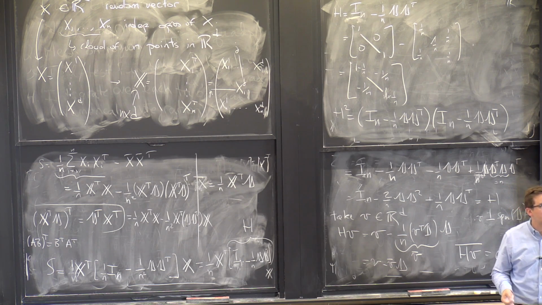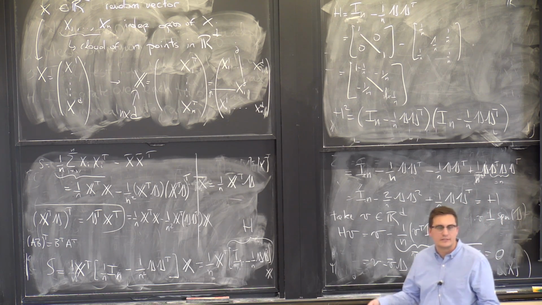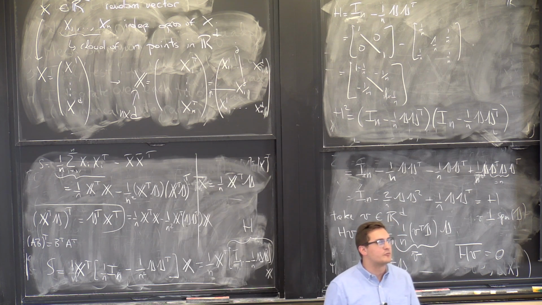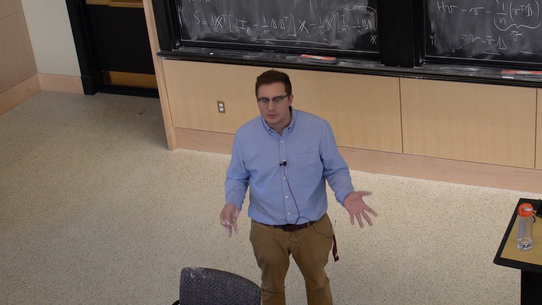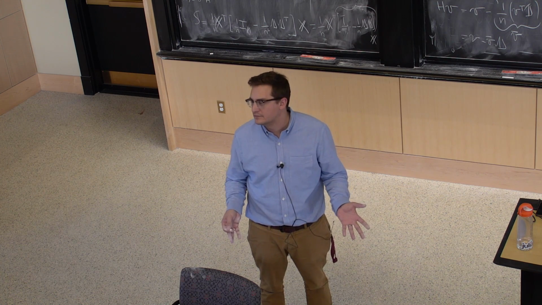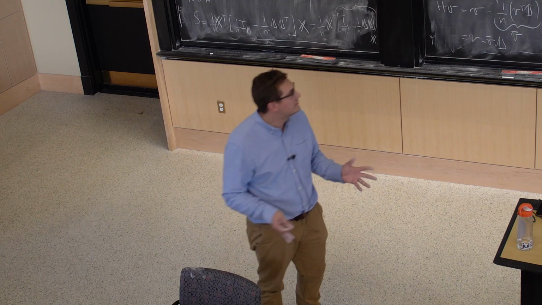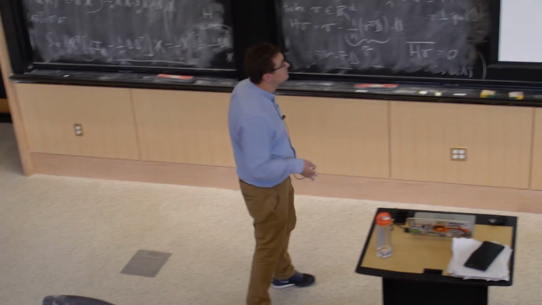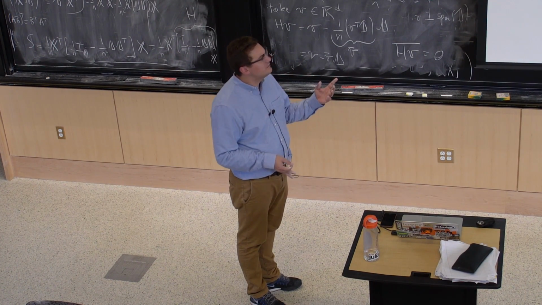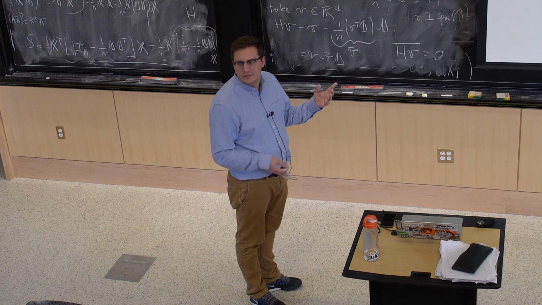So in words, it projects onto the space of vectors that have 0 mean. In linear algebra, it says it projects onto the hyperplane which is orthogonal to the all ones vector. OK? So that's all. Can you guys still see the screen? Are you good over there?